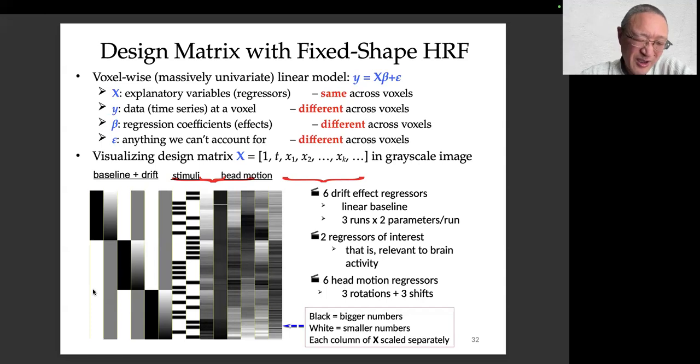So why bother analyzing each one separately? Under some circumstances you might want to, and that option is available in AFNI if you prefer.